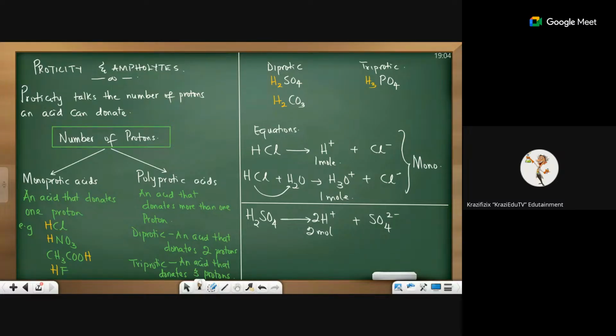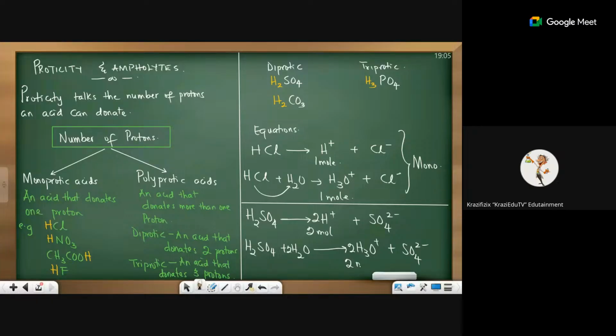Even if I bring in water, check. H2SO4. Let's add water, make it aqueous. What would it give me? H3O plus. Now, again, we did this earlier on. It is not balanced. To balance this, I need a 2 there, I need a 2 there. Oh, beautiful.